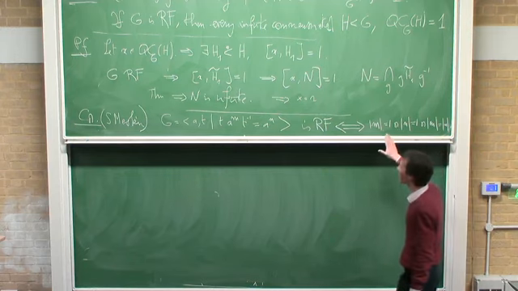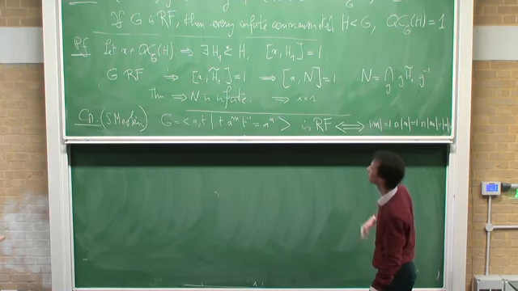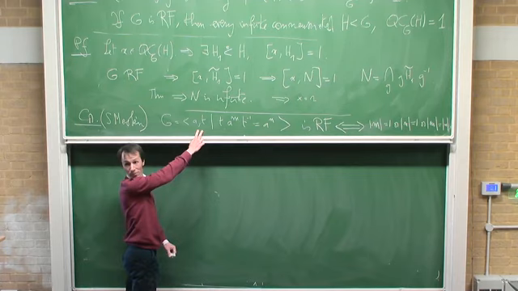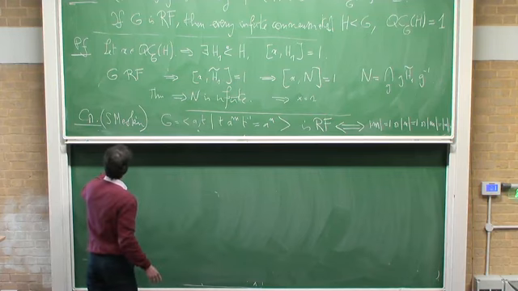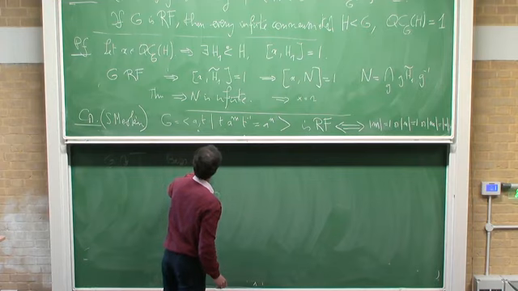Anyway, but now let me connect this with the previous one. So this is an HNN extension. So it acts on a tree. Okay, G acts on T, so that's a tree.